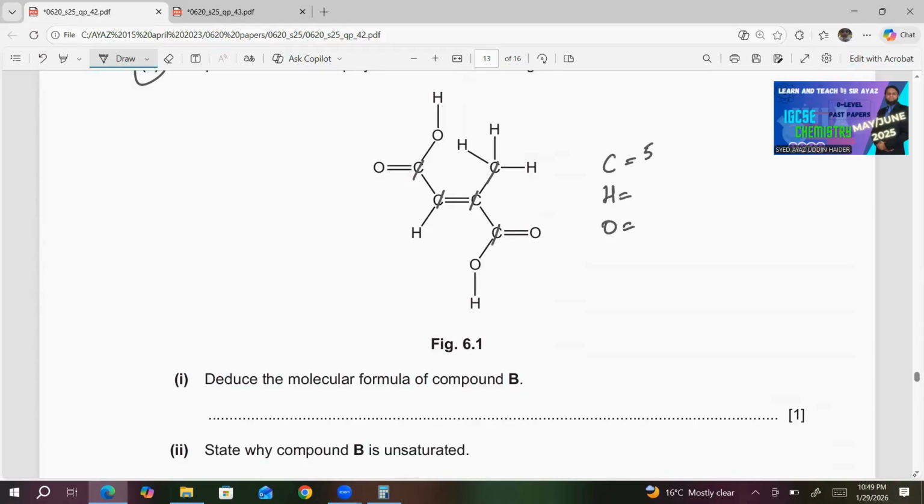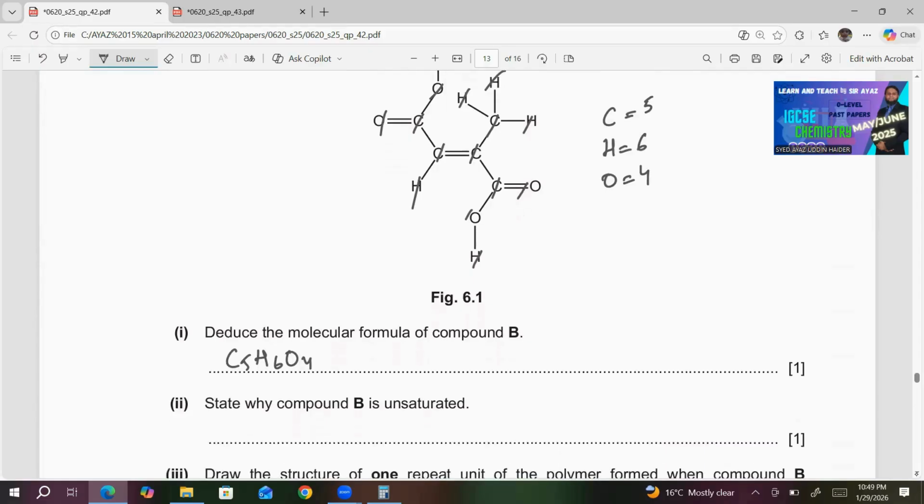So C is 5. What about hydrogen? 1, 2, 3, 4, 5, 6. 6. What about oxygen? 1, 2, 3, 4. So formula must be C5H6O4.